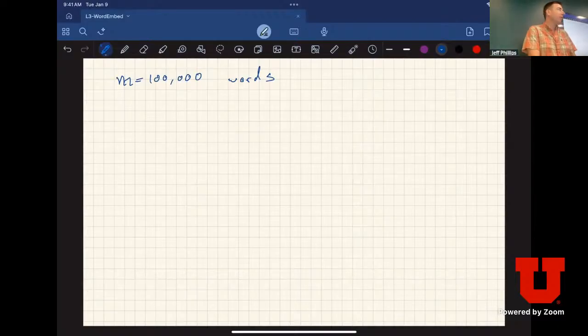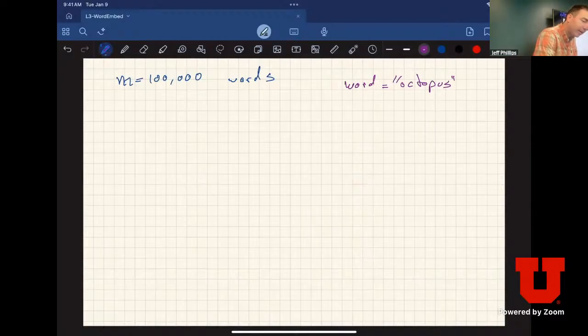Let's use as a word, like octopus, for instance. In order to do this, I mentioned we need to use this distributional hypothesis, and to do that, I need to define the context.